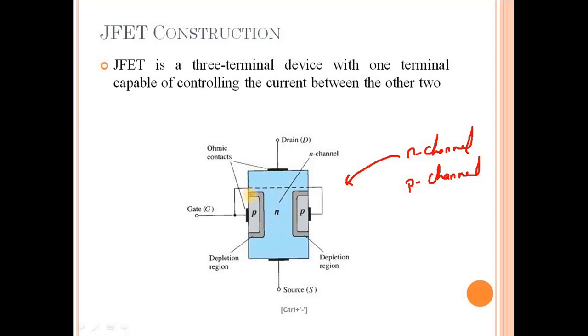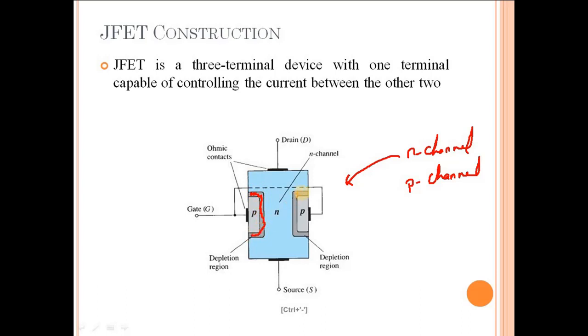One is here, because this is a p-type semiconductor and this is the n-type channel, and again we have a p-type semiconductor over here and the n-type semiconductor comprising the channel, so we have a PN junction over here, and this portion comprises the depletion region.